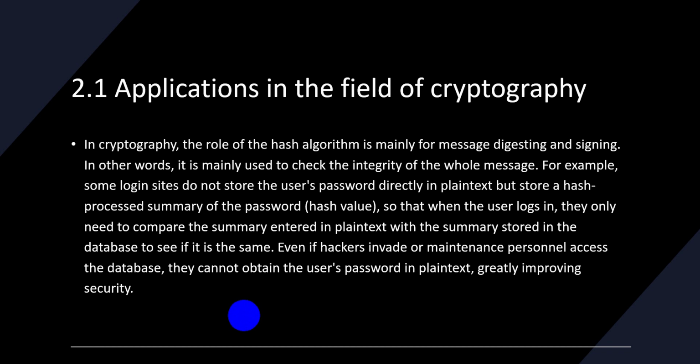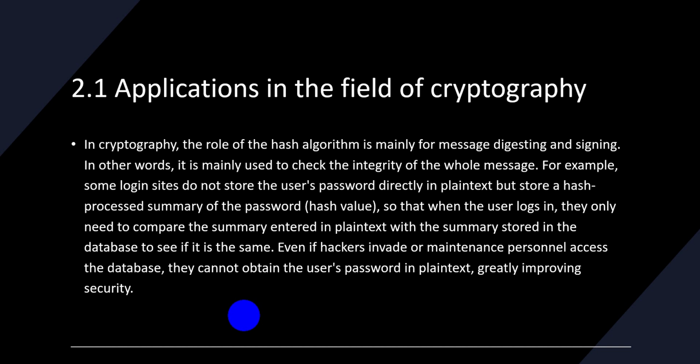So more in depth about the applications in the field of cryptography. In cryptography, the role of the hash algorithm is mainly for message digesting and signing. In other words, it's mainly used to check the integrity of the whole message.